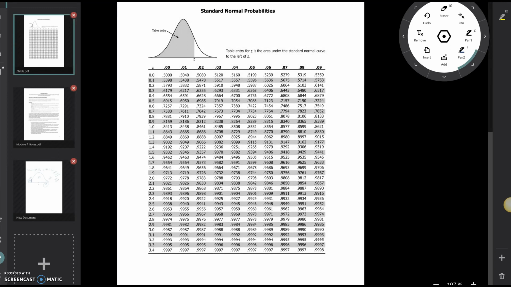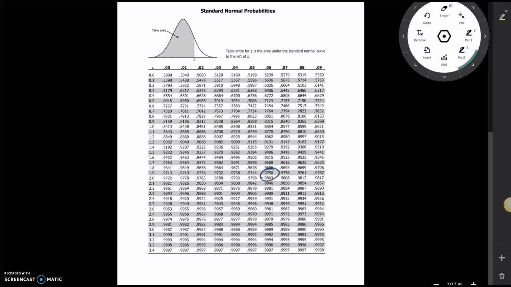Looking across the table, we want to find 0.975, or the number closest to it. Notice right here, we have exactly 0.975. So that corresponds with a z of 1.96.